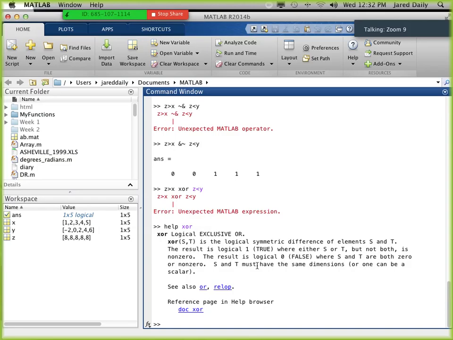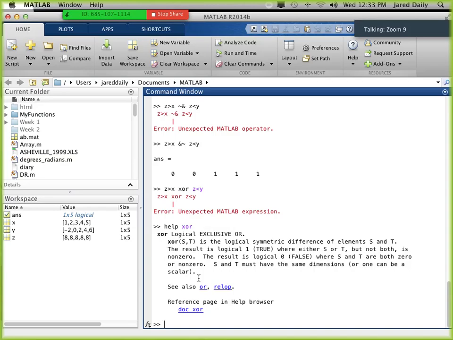So the logical symmetric difference of elements S and T. So this one actually is used as a function rather than as an operator.